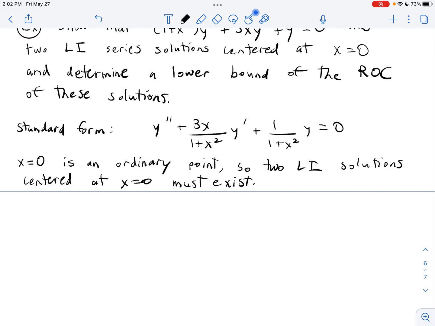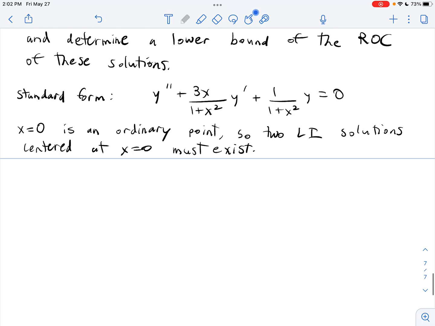The real question here, though, is the ROC part. How do we find the ROC part? Well, remember, this guy is my P of x, and this guy is my Q of x. And I can find the radius of convergence of each of those first.